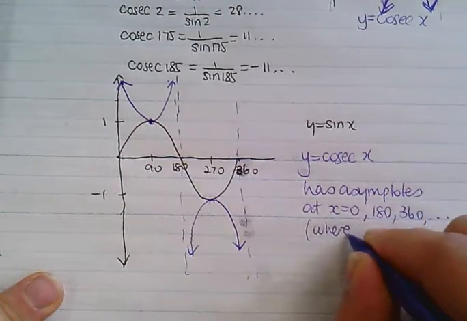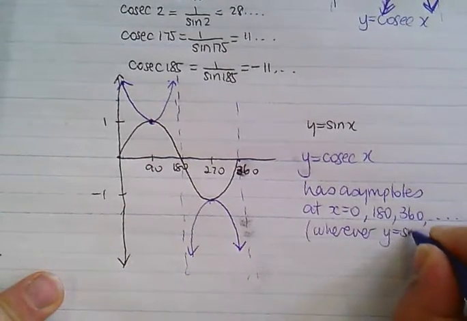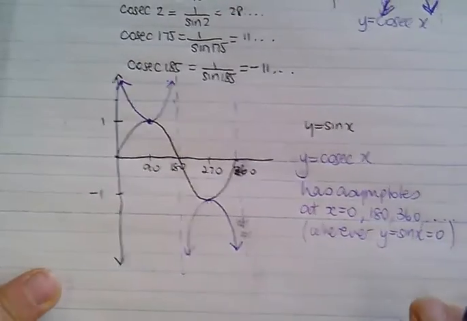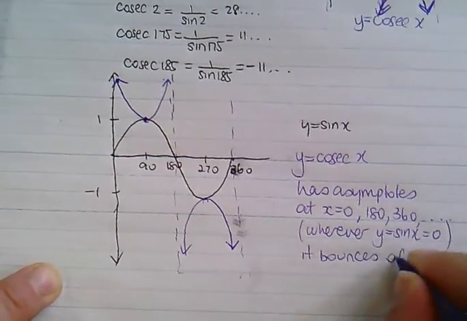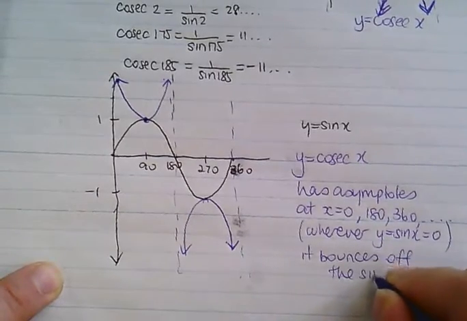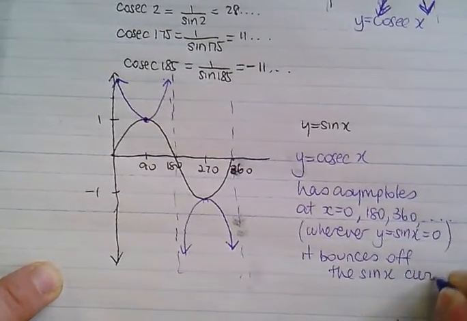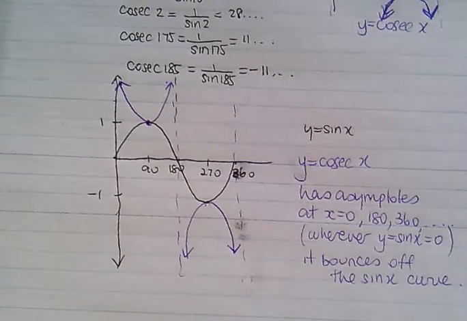It's wherever y equals sine x equals 0. And it bounces off the sine curve. Does it make sense? Because it bounces off. And the sec curve bounces off the cos curve as well. So it should be quicker to do the others.